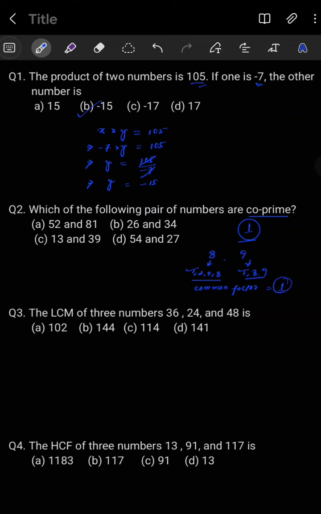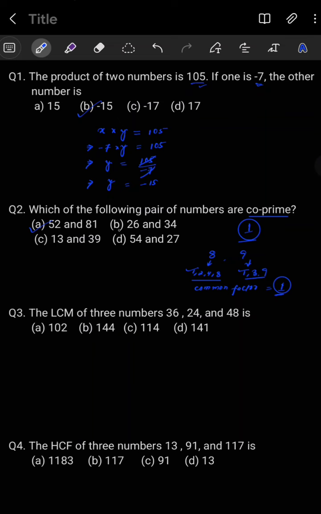So if only 1 is the common factor, then those two numbers are called co-prime numbers. So I hope now you understand. Then if you see here 52 and 81, 52 और 81 में क्या इसमें कुछ कॉमन फैक्टर है एक्सेप्ट 1? नो. So there is only 1 as the common factor between 52 and 81. So your option A is the correct option.